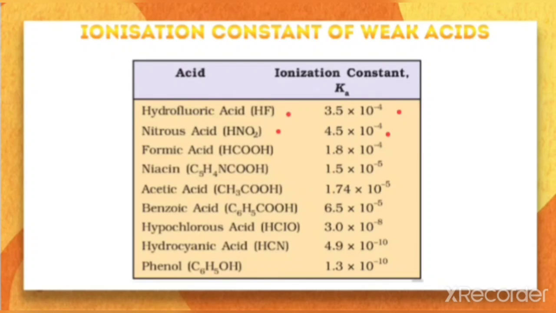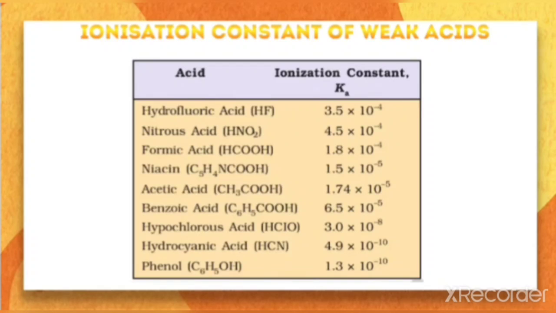So we can say that when the value of Ka is greater, the acid will be the stronger acid. Let us take phenol. The value of Ka is very small, so that means it is a weaker acid. And if the value of Ka is greater, we can say that it will be the stronger one. So on the basis of Ka, that is the ionization constant of a weak acid, we can say whether the acid is stronger or weaker.